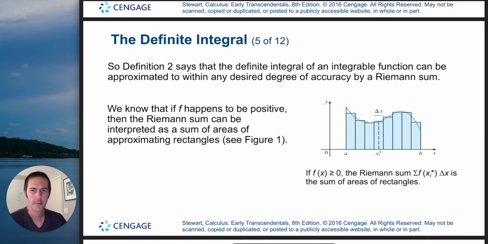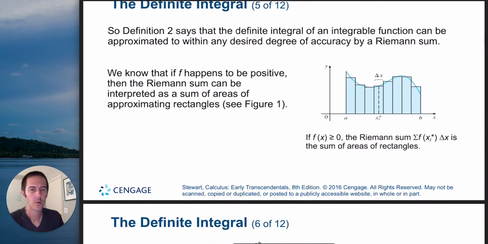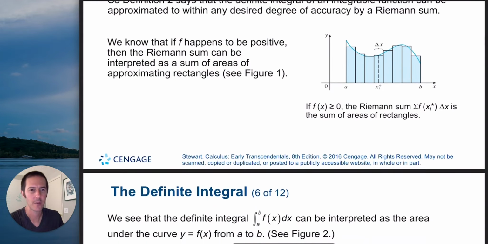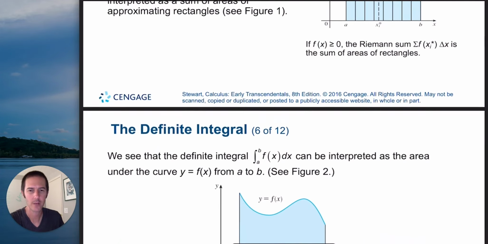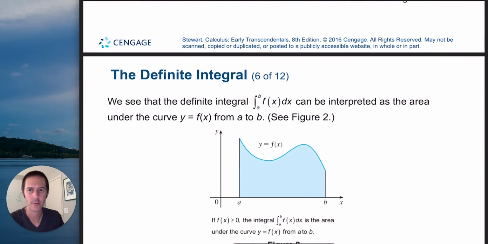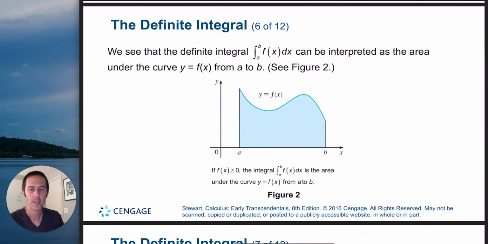And in definition number 2, we can adjust the degree of accuracy of our Riemann sum by making the rectangles skinnier, or by choosing different x sub i star values, or x sub i asterisk values. And if we make the rectangles really skinny, we end up finding the exact area.